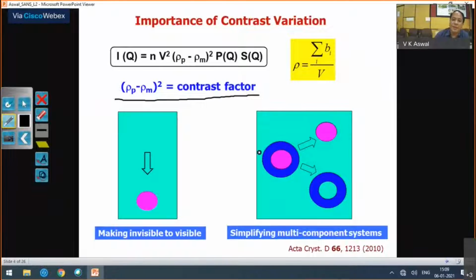And then many times you work on systems which are not simple systems. So a multi-component system or complex system, such as this core shell structure, where you want to get information about both the core and the shell. And the advantage with contrast variation is that you can simplify this core shell structure just as core or just as shell.